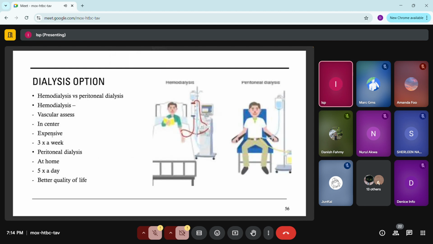Okay, so you need to know the difference between hemodialysis and peritoneal dialysis. So what is the difference? Like a picture here. Does anyone know what the difference is between hemodialysis and peritoneal dialysis or not?